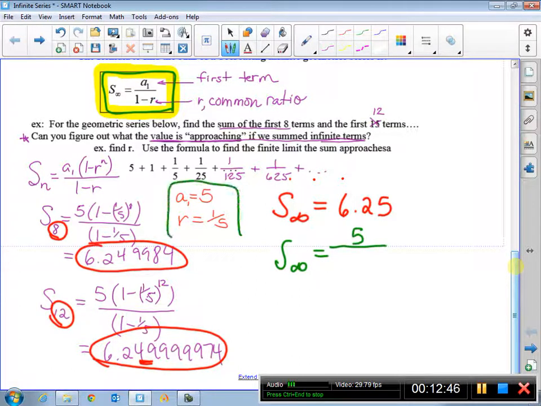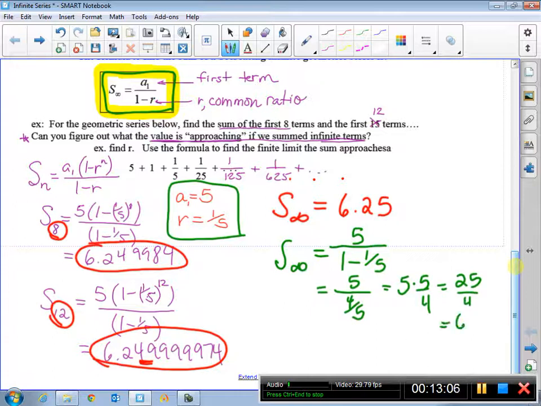This is very valuable info, over 1 minus 1/5. And if you do that, I'll do it by hand, that's 5 over 4/5, right? Which is 5 times 5/4, which is 25/4, which is 6.25. So indeed we have the same value.